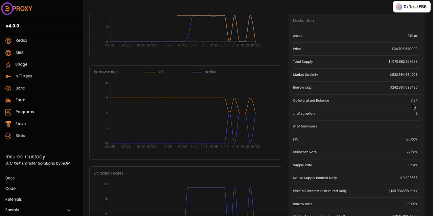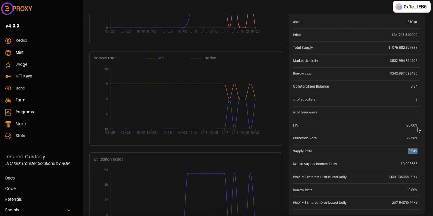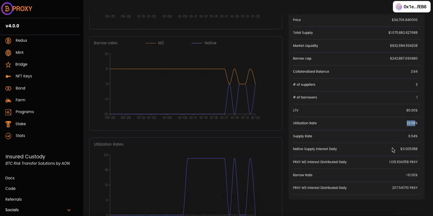And therefore, about 26.4 is the uncollateralized supply, which is eligible to receive the native interest, which is shown here as 6.54. Come back to that. The number of suppliers is 3, the number of borrowers is 1, and the utilization rate of the pool is shown here.